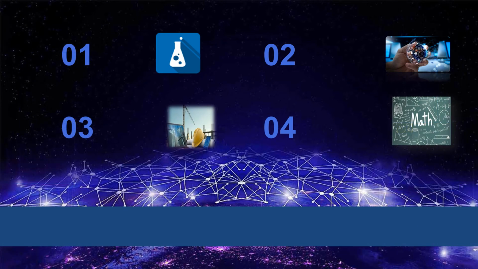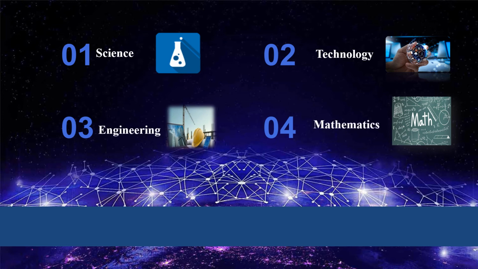Okay, now let us ask what STEM is. STEM is an acronym of 4 key sciences. The first letter, S, stands for science. T stands for technology, E stands for engineering, and M stands for mathematics.